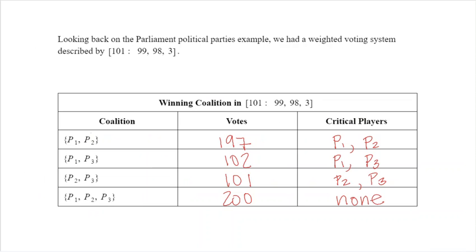So looking here, let me switch colors. Banzhaf power distribution. Okay, total, we have 6 critical players.